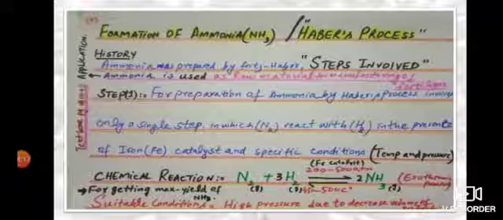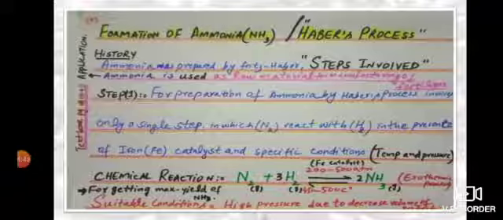As we have discussed in the previous topics, on the product side, ammonia has fewer moles, taken as 2 volumes, while on the reactant side there are 4 volumes. When we increase pressure, since pressure and volume have an inverse relation, the reaction goes in the forward direction, to the decreasing volume side. So for getting the maximum yield of ammonia, the suitable condition is high pressure.